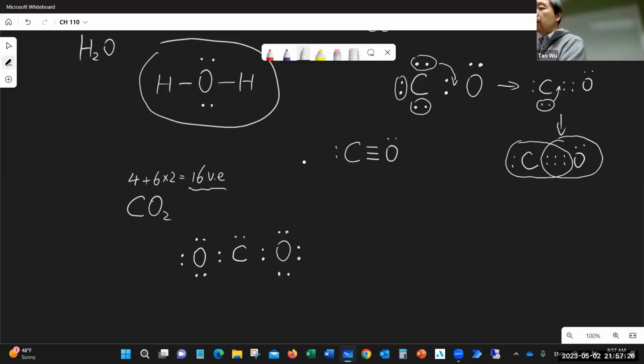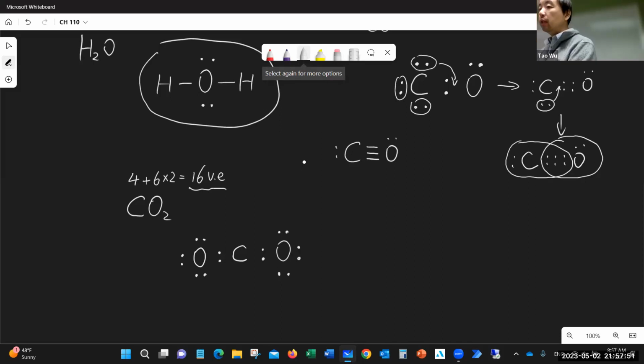Please don't add 4 more dots over here. This is not correct, okay? We only have 16, so this is what happened for the 16. And then you see 2 oxygens are octet, but the central atom carbon is not, okay? Yeah, it's not. Then what are we gonna do?